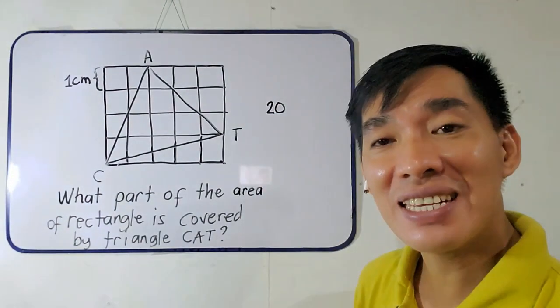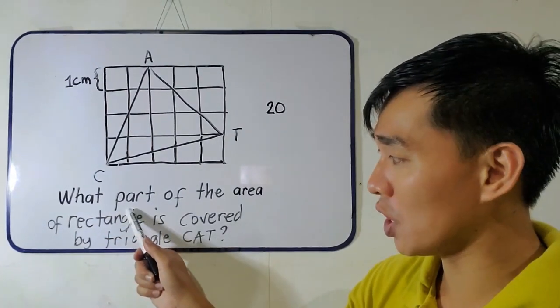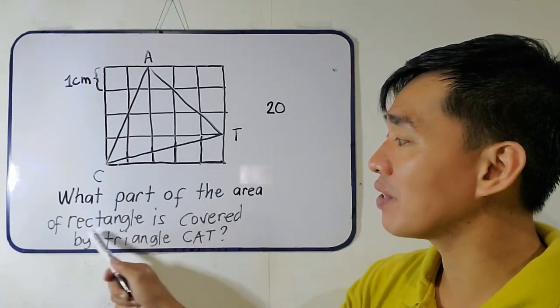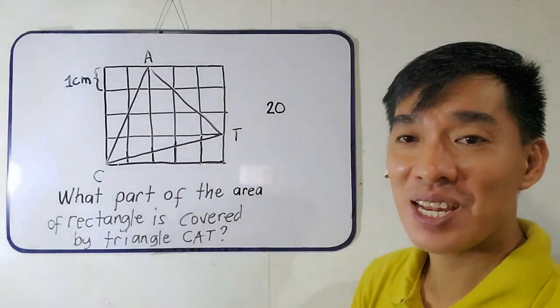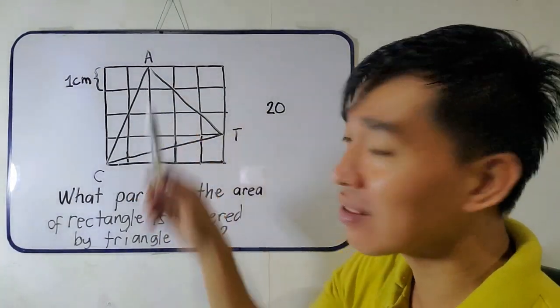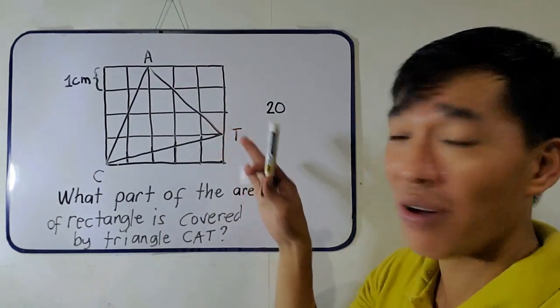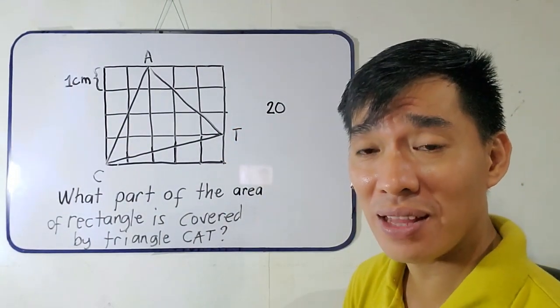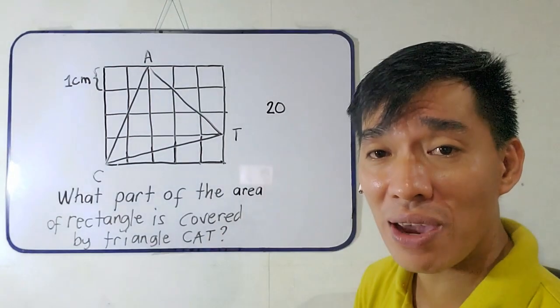That's it. This time, let us get the portion of the area of this rectangle covered by triangle CAT. Of course, in order for us to know the area of this triangle, all we have to do is count also the squares covered by this triangle. However, some of the figures are not complete squares.